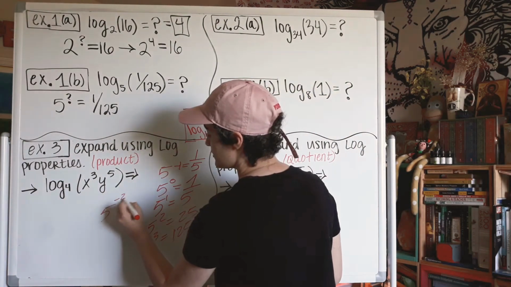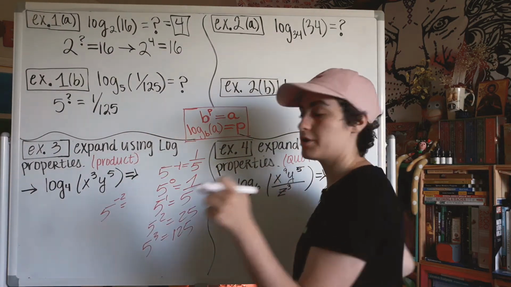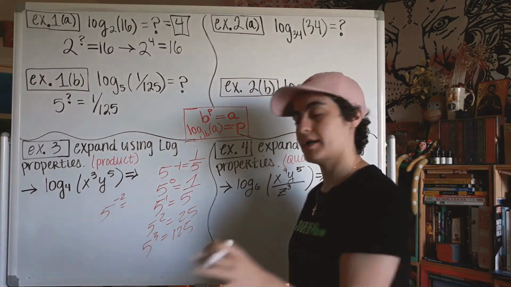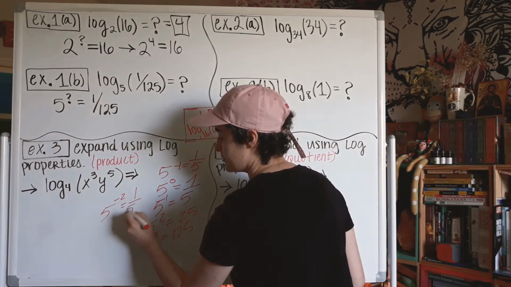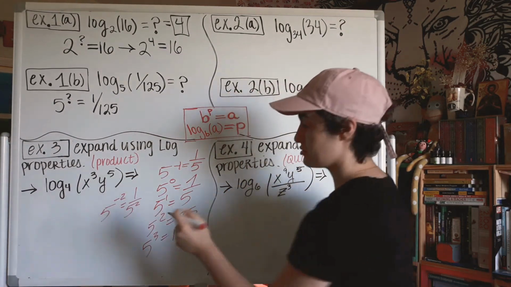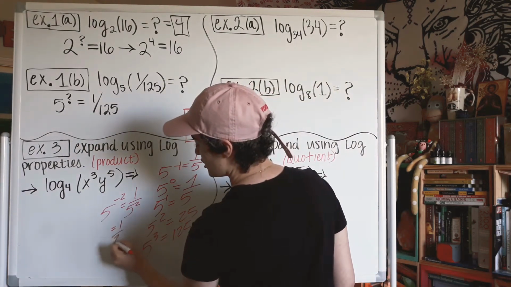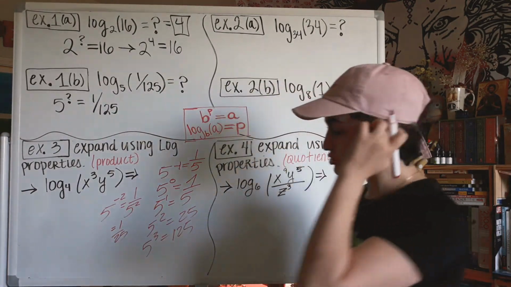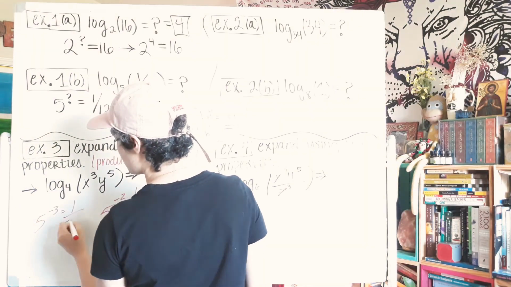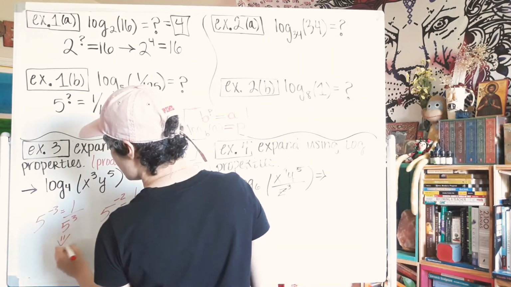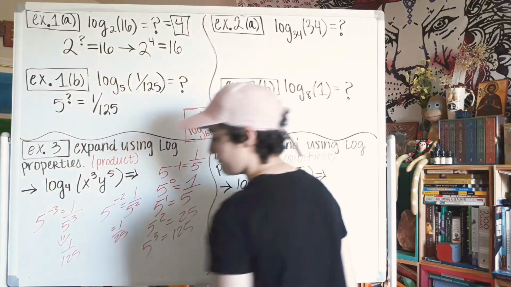5 to the negative 2 power, you can rewrite that as a nice fraction: 1 over 5 to the positive 2. So that's 1 over 25. So we're very close. So 5 to the negative 3 can be rewritten as 1 over 5 to the 3rd, which is 1 over 125.